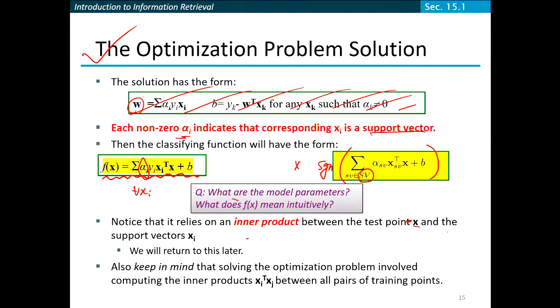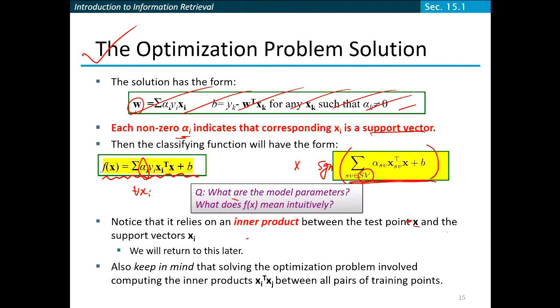The function here is simple enough, and I really want you to understand what's going on. First of all, the summation only goes through all the support vectors. So even if I give you 1 million data points, and you somehow tune the parameters such that only, let's say, 1,000 of them become support vectors, you only need to do the summation over 1,000 of them. That's the first thing.